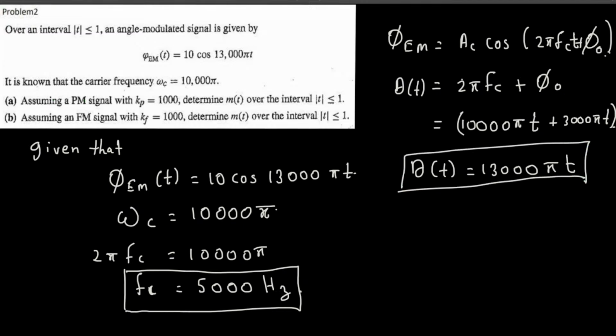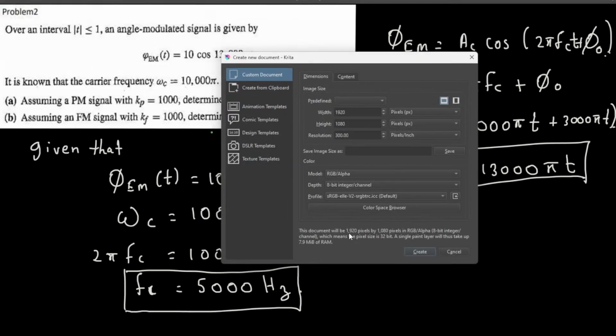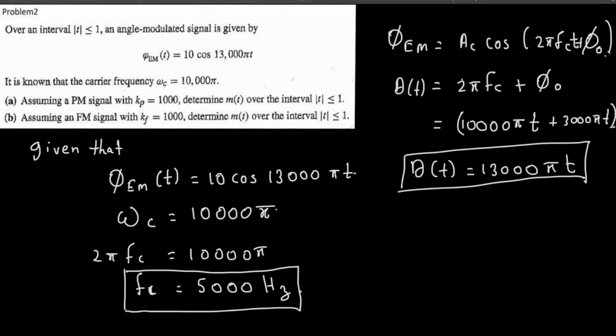In Part A, assuming a PM signal, kp is 1000, determine m(t) over the interval |t| less than or equal to 1. Let's go ahead and do it on the next page. So I'm doing Part A here, and theta of t can be represented as omega_c t plus kp m(t). Here we are interested in finding m(t), that's what the question is asking.